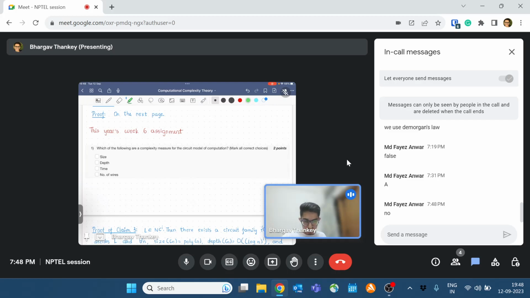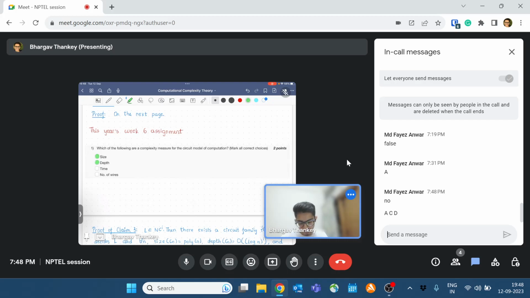So the first problem is: which of the following are a complexity measure for the circuit model of computation? Mark all the correct options. The options are size, depth, time, and number of wires. So it's size, depth, and number of wires is also a complexity measure.